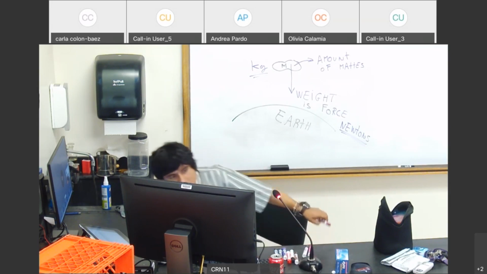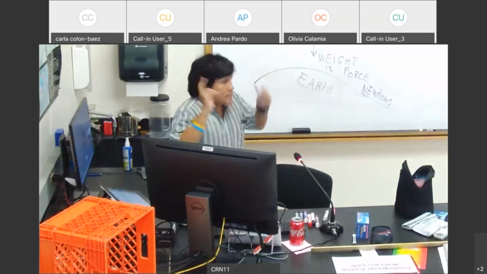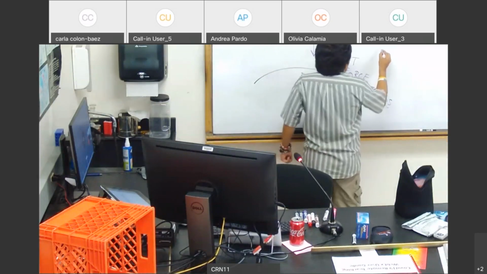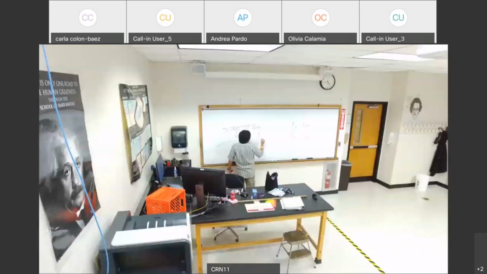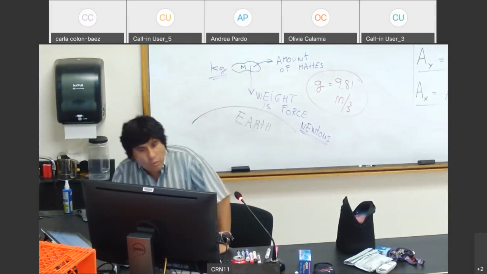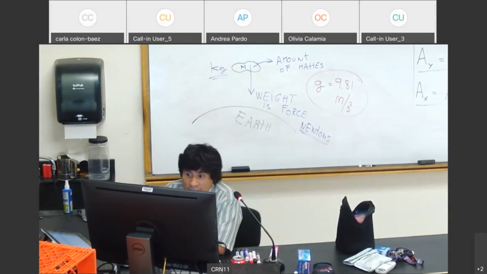And what is gravity? Gravity is a constant depending on the mass of the Earth and the radius of the Earth. And we will learn that gravity is around 9.1 meters per second. Is the acceleration due to gravity. Is the reason why objects fall towards the ground. That's that, right?